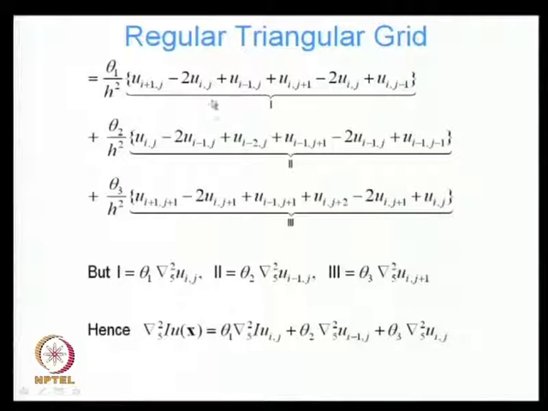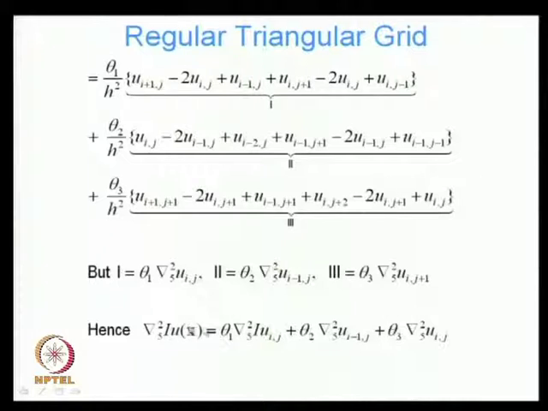So, if I replace I by I minus 1, I get I minus 2, j does not change, right. So, I get that. That is nothing but my Laplacian evaluated at I minus 1 j, and if you look at this, this is nothing but the same with j replaced by j plus 1, right.